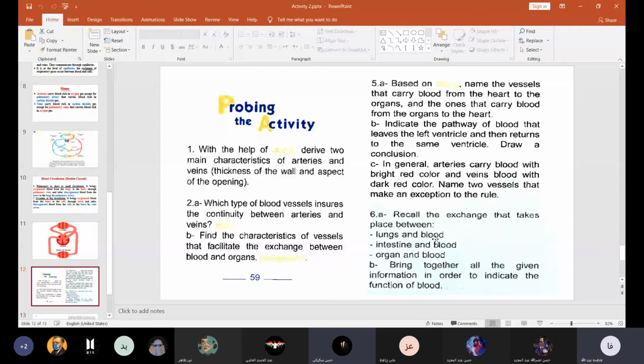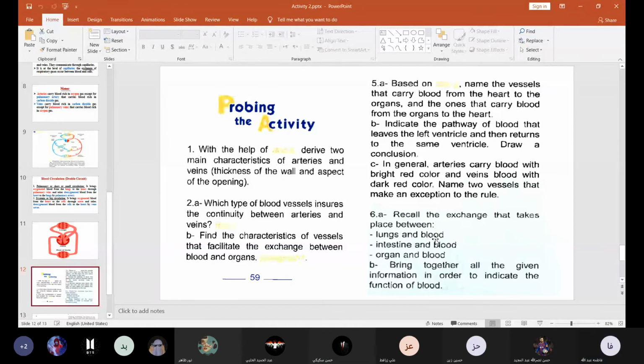Good. Intestine and the blood, this is from digestion. What does the intestine give the blood? The intestine gives the blood the nutrients. Absorption is the movement of the nutrients from the intestine.